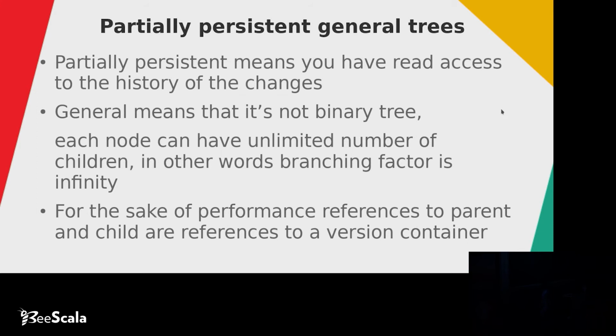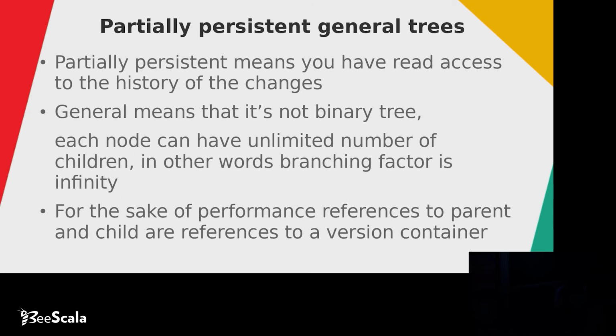Partially persistent means that you have read access to versionable trees, sorry guys, that was missed on the slide. Partially persistent versionable trees means that you have read access to the history of the changes of the tree or a particular node in the tree.